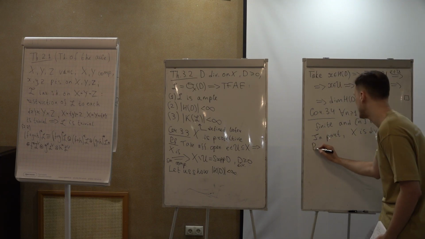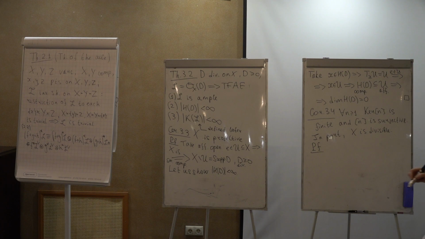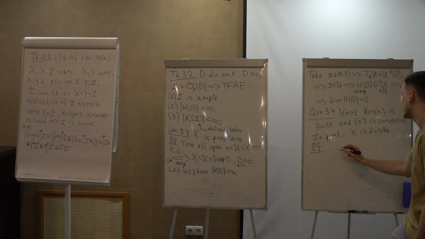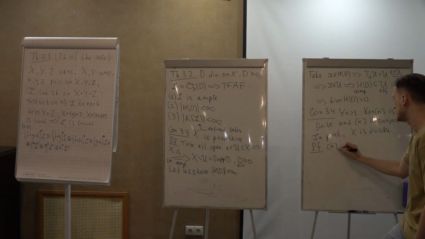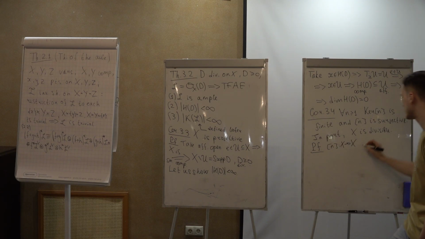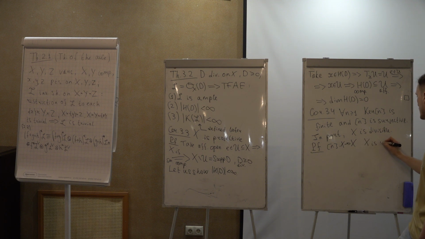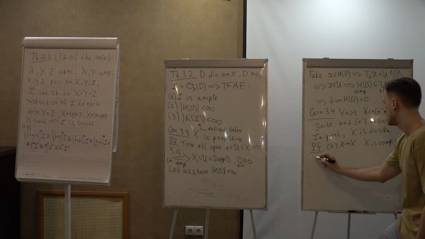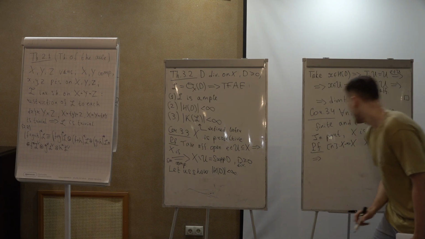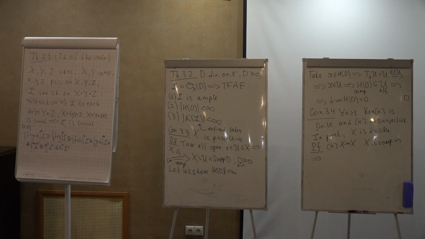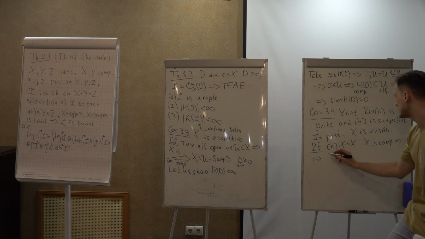Okay, proof. So we have this map n from X to X, and X is a complete variety. Since it's complete, its image is always closed.